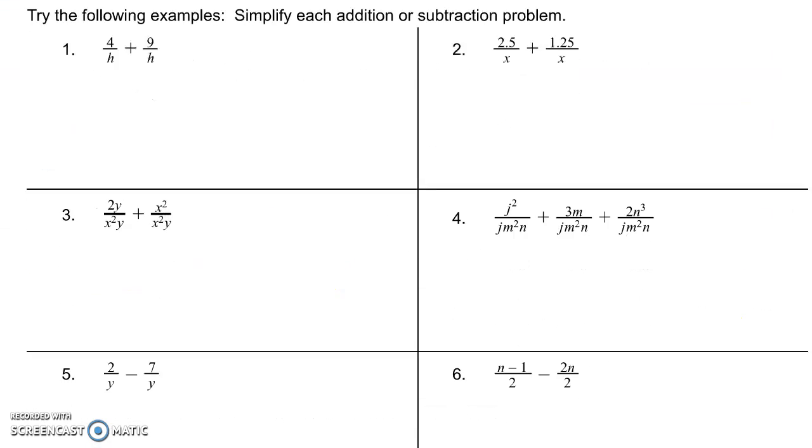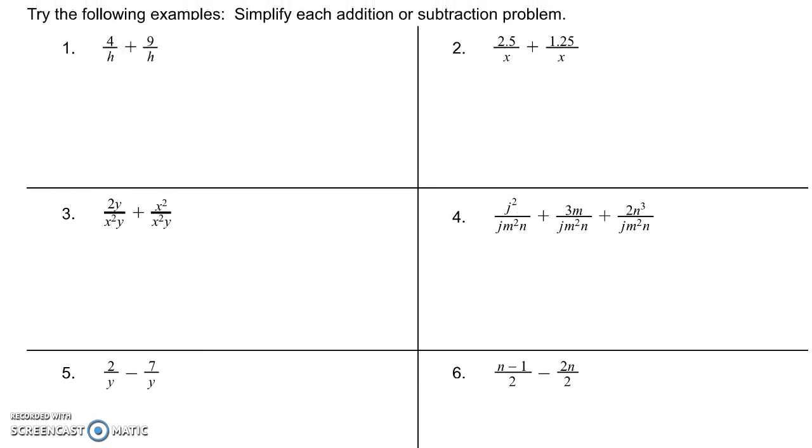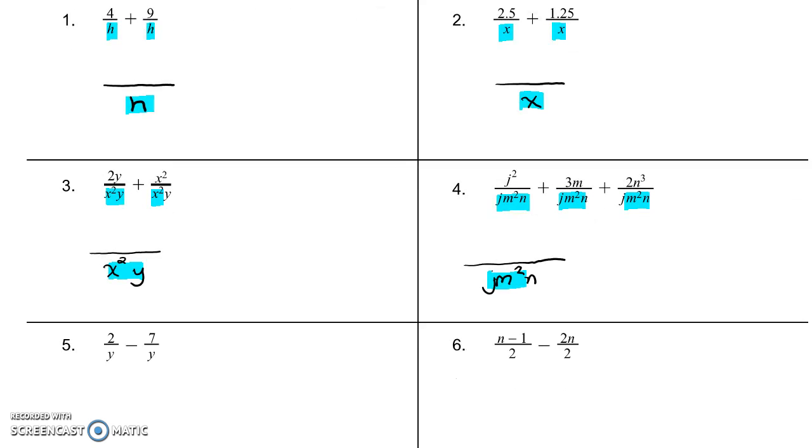Alright, so on the next page there are 6 problems to start. I want you to try those 6 problems. Press pause, try all 6 of those problems before you unpause and check answers. So to start, I haven't given answers yet, but notice 1, 2, 3, 4, they all have the same denominator.